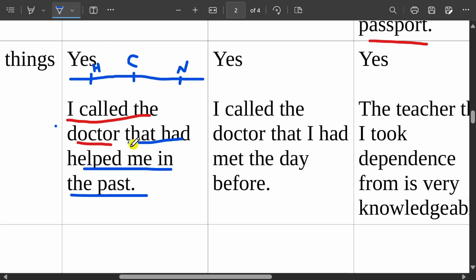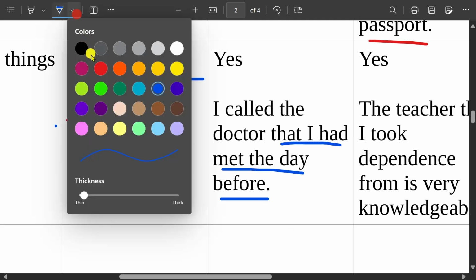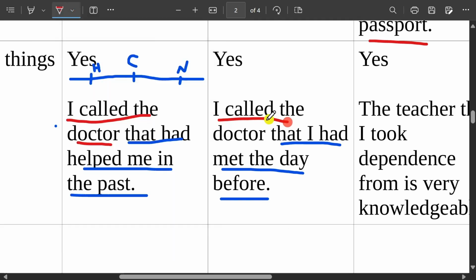Okay? So I called the doctor that had helped me in the past, as a subject, right? Defining clause. Now as an object: I called the doctor that I had met the other day, you see, that I had met the day before. Again here, the relative clause is after the main clause, you see.